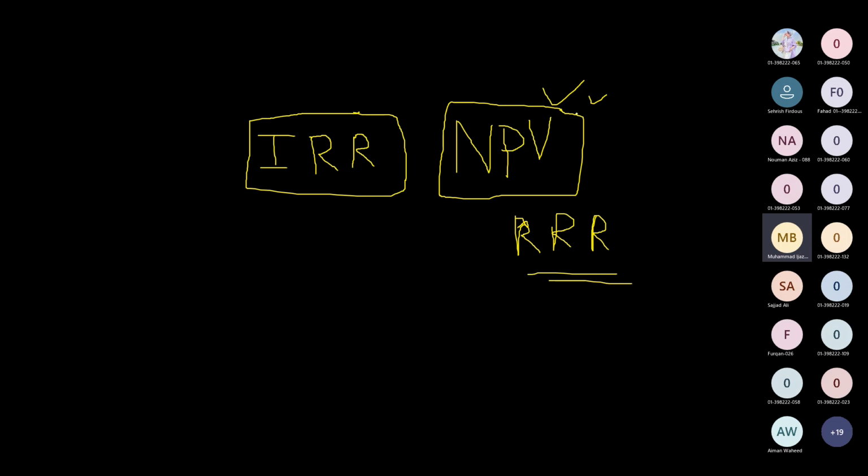So this is one way of selecting the project. The underlying logic is that at NPV zero, you will not get any profit or any loss. If NPV is greater than zero, you are earning some profit, and if NPV is negative, you are in loss. This is what we studied.